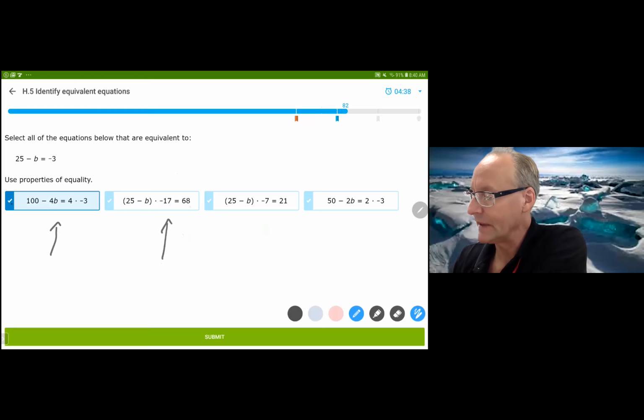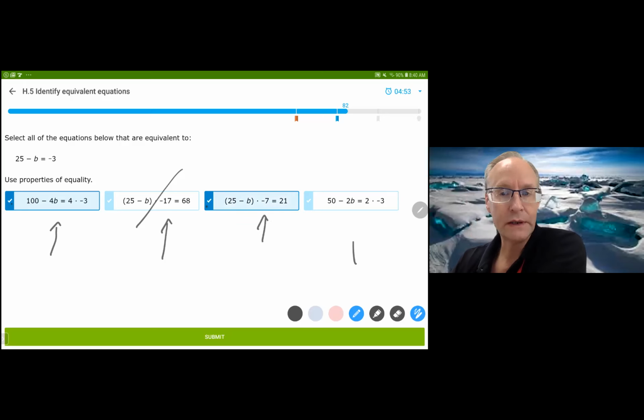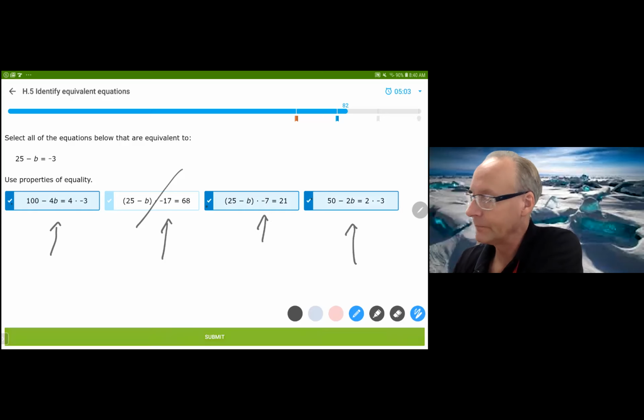And if we multiply by negative 17, we do not get 68. In this third one, we multiplied by negative 7 on the left, and we multiplied by negative 7 on the right. And in this final one, it looks like we distributed positive 2 to both parts, and we multiplied the other side by positive 2 as well.